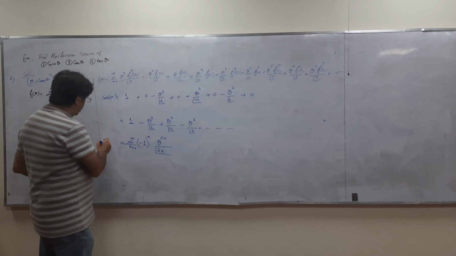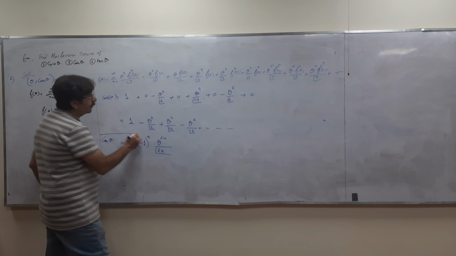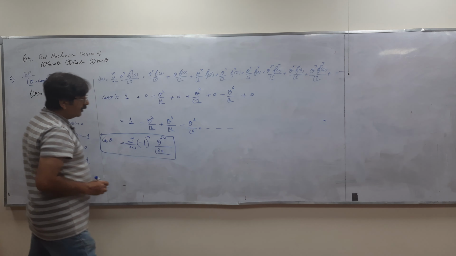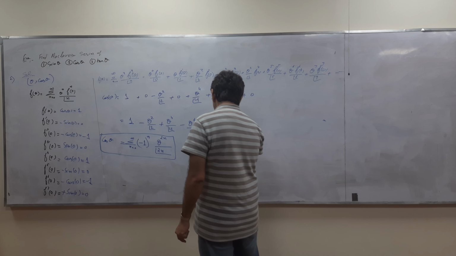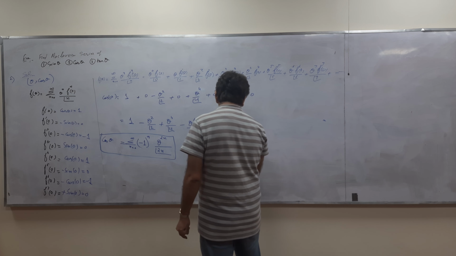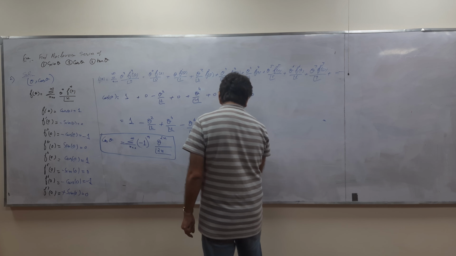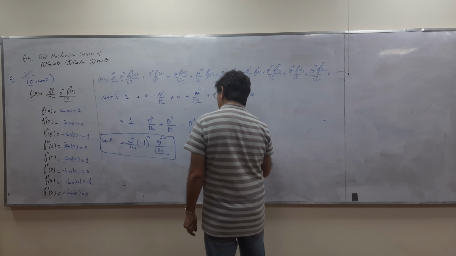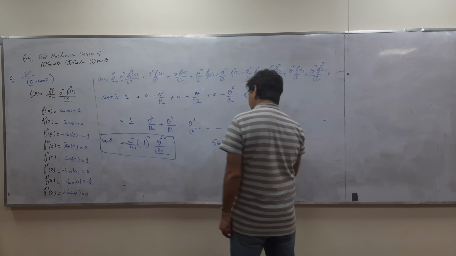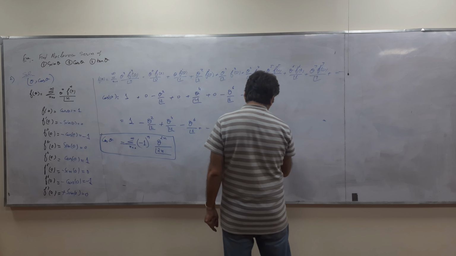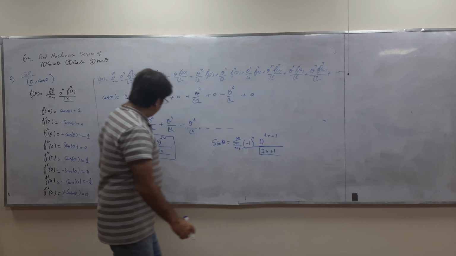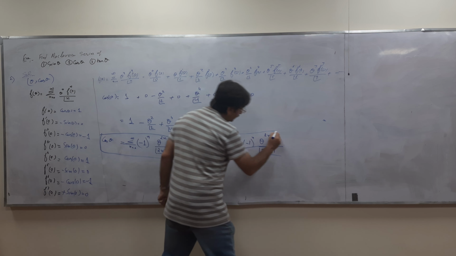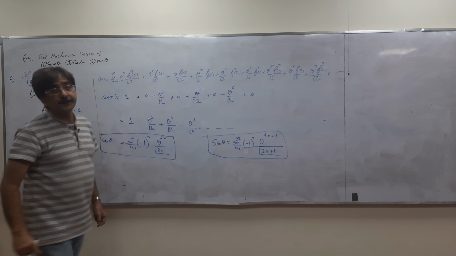So this will be cos theta. And sin theta was an odd function, with value sum from n equal to 0 to infinity of minus 1 power n, theta power 2n plus 1 over 2n plus 1 factorial. So that was sin theta, and that is cos theta.